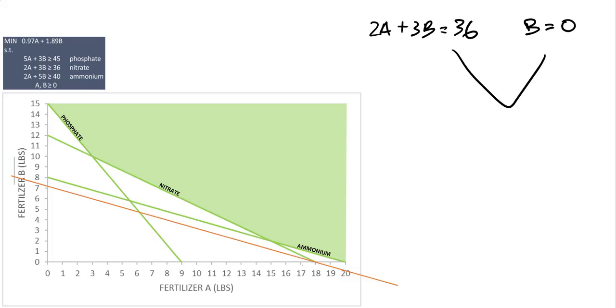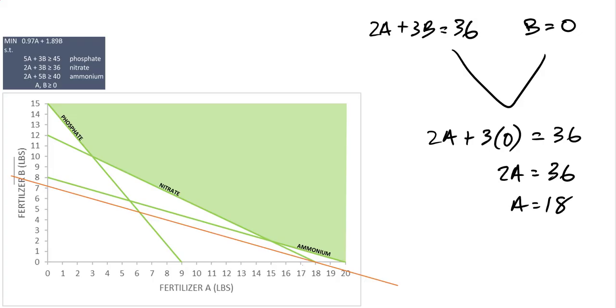So again, setting those equal to each other, I can simply sub the b equals 0 into my other equation. So 2a plus 3 times 0 is equal to 36. Continuing on, 2a is equal to 36, or a is equal to 18. So now I have the point here, which has x-coordinate 18.